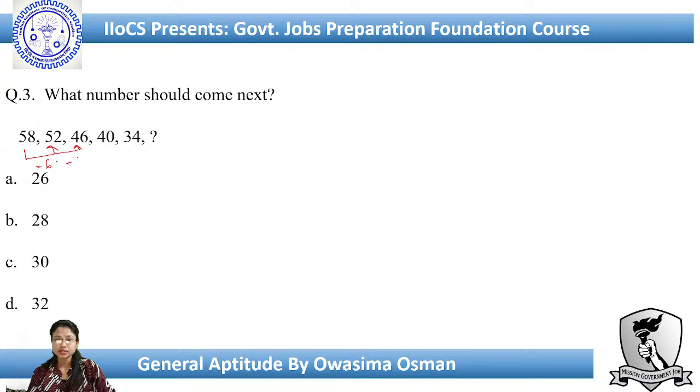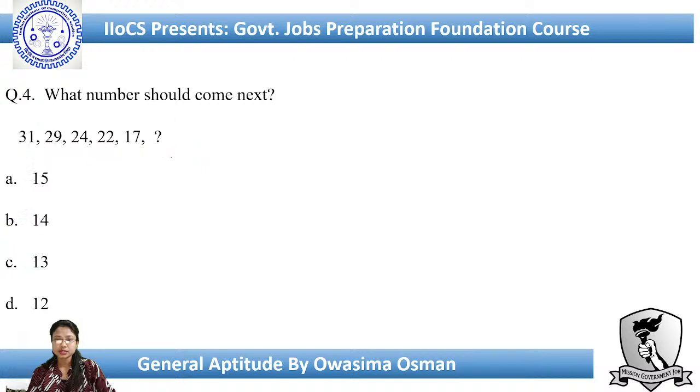If we do 58 minus 6, it will be 52, and 52 minus 6 will be 46, and 46 minus 6 will be 40, and 40 minus 6 will be 34, and 34 minus 6 will be 28. Every next number is less by 6 than the previous digit. So our answer is option B, 28.